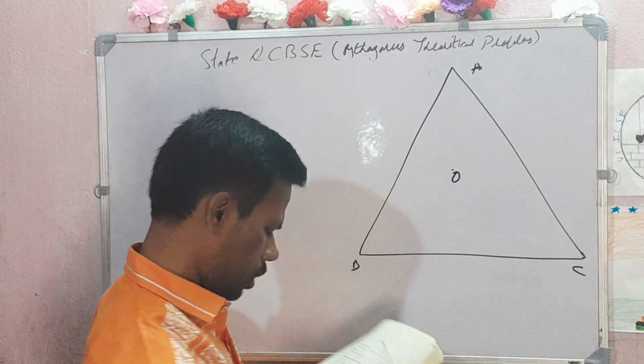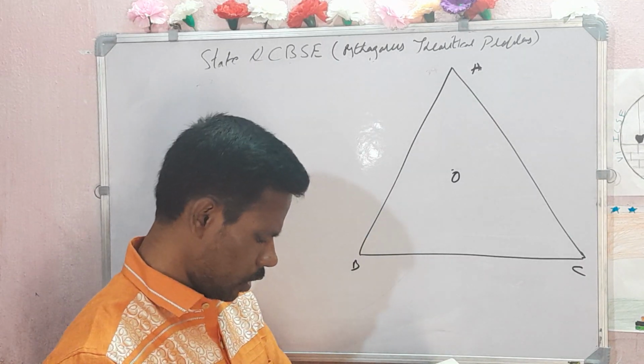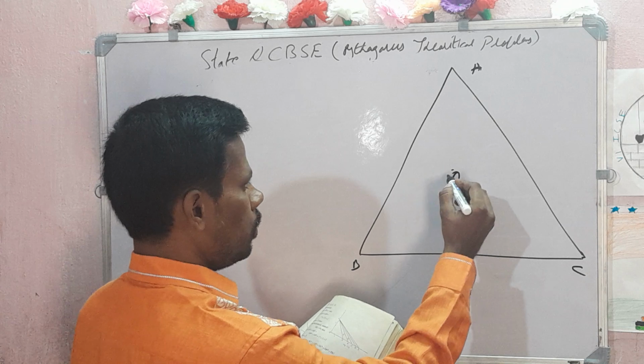This is the point O. OD, OE and OF are drawn to the sides BC.